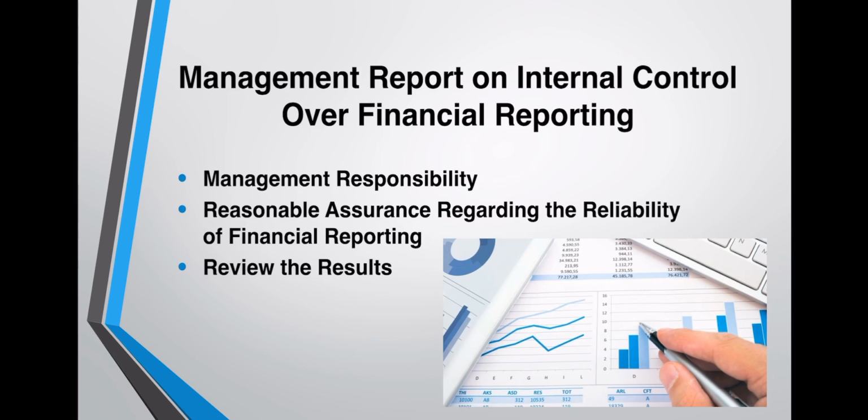The next one is based on our assessment: management has concluded that our internal control over financial reporting was effective as of the end of the fiscal year to provide reasonable assurance regarding the reliability of financial reporting and the preparation of financial statements for external reporting. And the last one is review the result. We review the result of management's assessment with the audit committee of our board of directors.